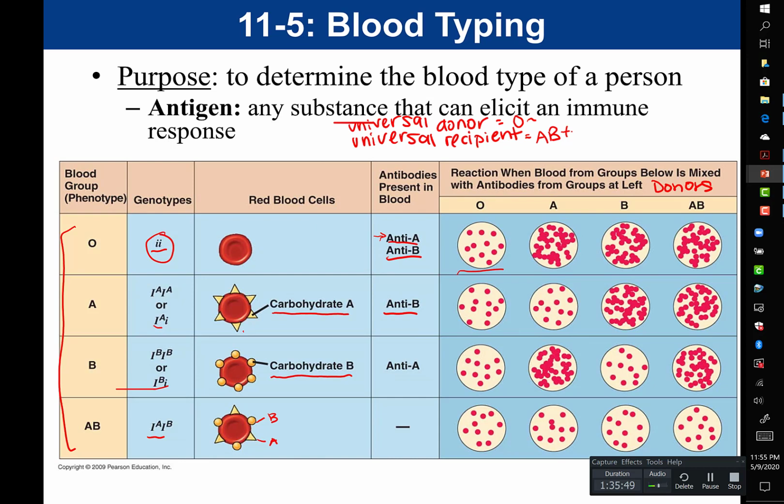Answer is no. Because that O positive, yes, the O can be accepted, but the fact that the blood is positive cannot be received by an A negative person. So you not only have to look at the blood types to see if they're compatible, but you also need to make sure that the Rh factor is also compatible. And so that's something to keep in mind when you think about blood typing.